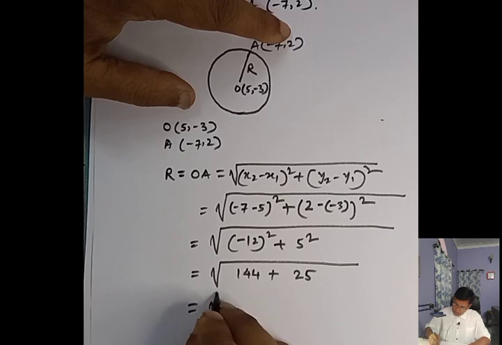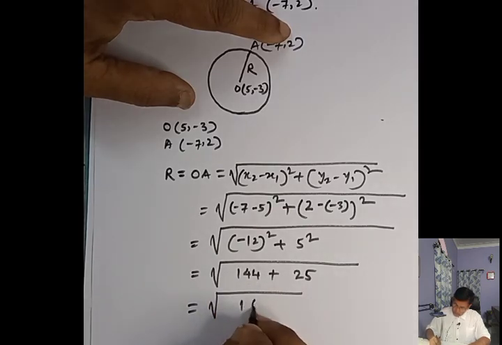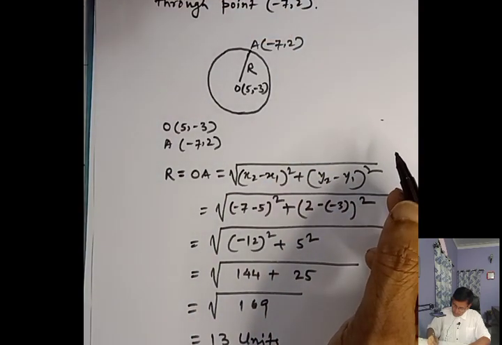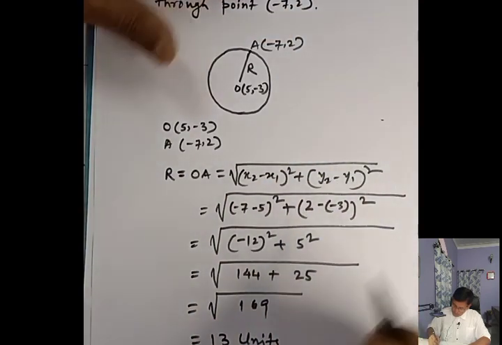If we add this, it will come 169. If we take the square root of 169, it will come 13. So 13 units will be the radius, but we have to find out the area of the circle.